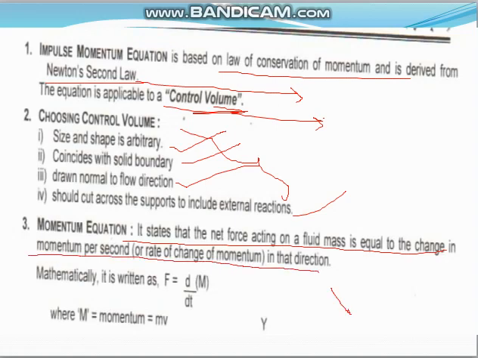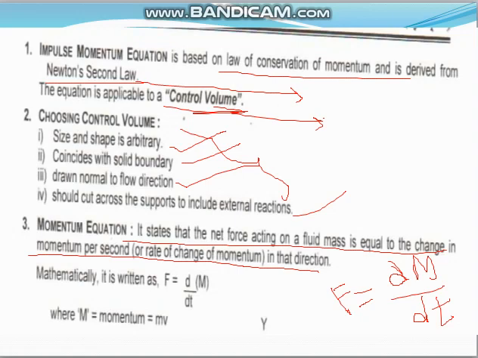Simply we can say that the net force acting on a fluid mass is equal to the rate of change of momentum per second, that is dM by dt. The rate of change of momentum with respect to time is nothing but the net force acting here.